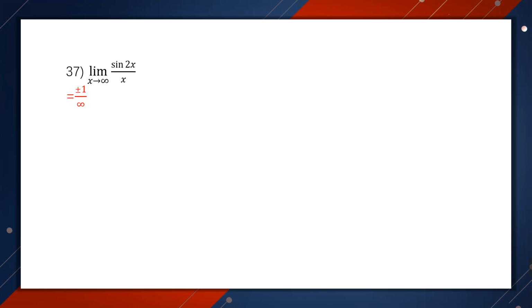As I said before, the limit of sine x over x when x approaches infinity is 0. So it's the same for this question. We can change the function into 2 times sine 2x over 2x, which is the same as the function sine 2x over x. Because sine x over x goes to 0 and sine 2x over 2x also goes to 0, 2 times 0, the answer is also 0.